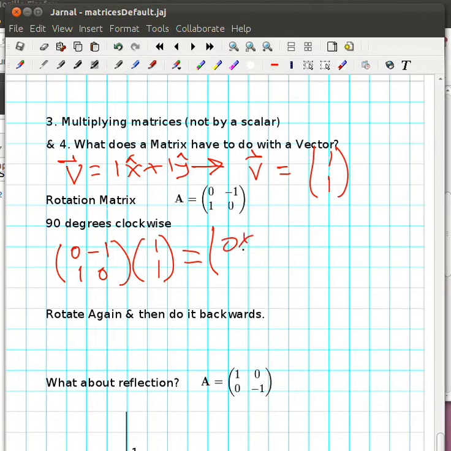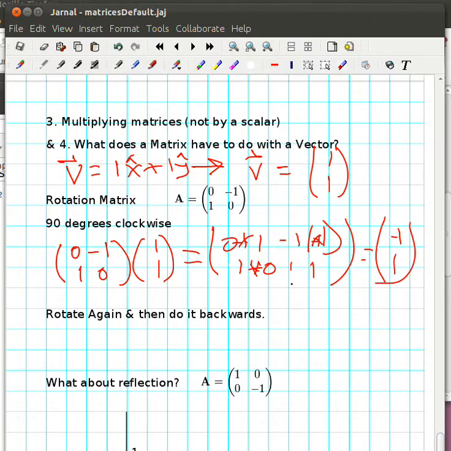0 times 1 minus 1 times 1, and 1 and 0, and then 0 and 1. So that gives 1. So this equals negative 1 and 1.